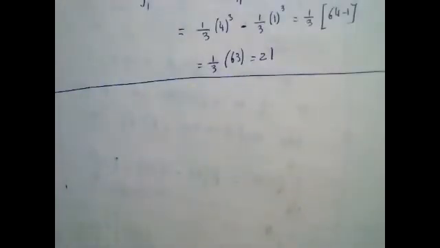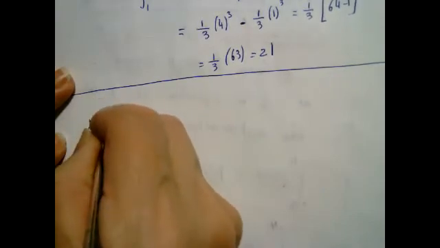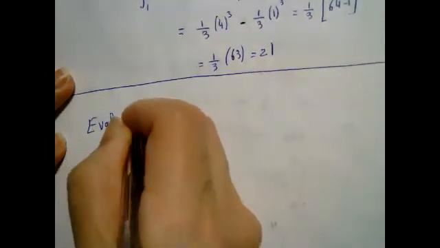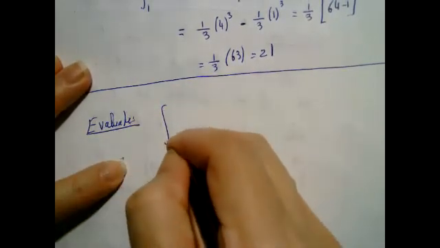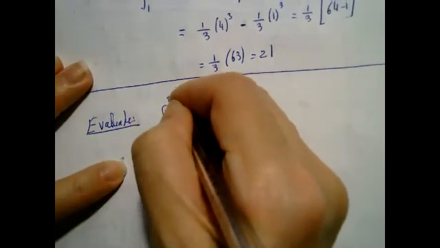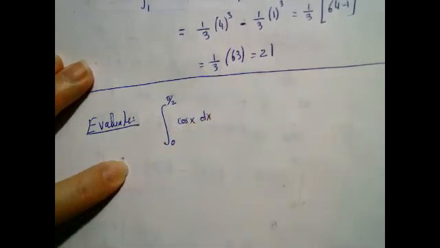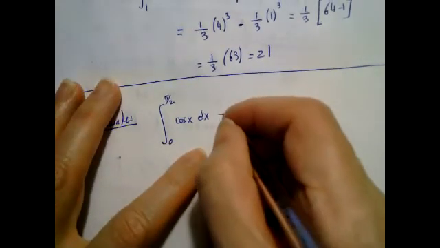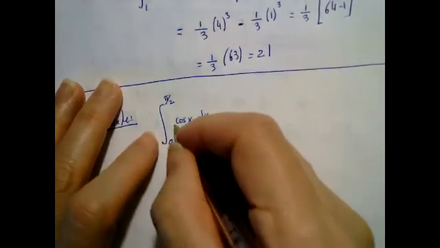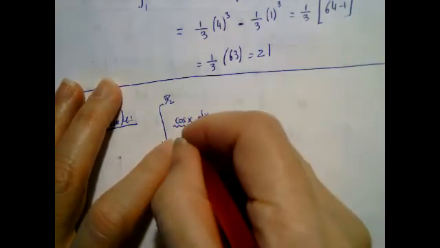So the question now is: evaluate, using the fundamental theorem, the integral from 0 to pi over 2 of cosine x dx. Okay, let's see how good our estimate is. That's my function f. I need an antiderivative.